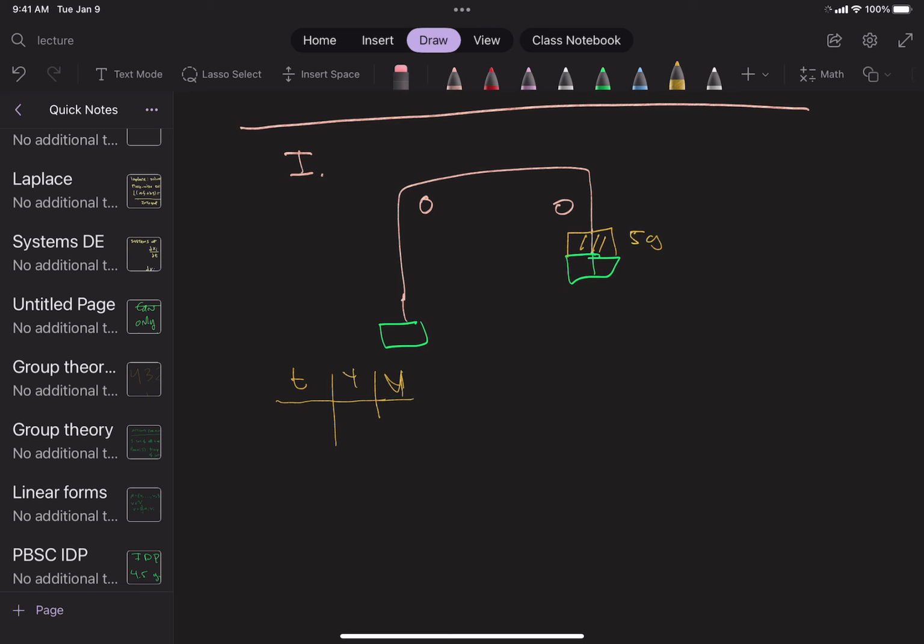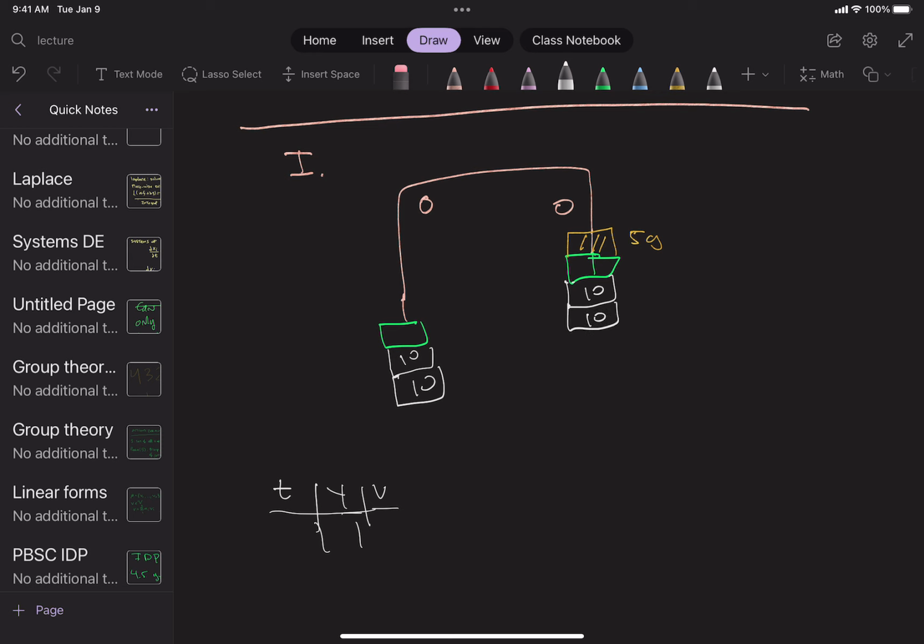Then you're going to increase both of the masses by the same value. So let's say you increase this one by 10 grams, and you increase this one by 10 grams. Then again, you run the experiment and get your data for time, position, and velocity. You'll increase again by another 10 grams for both of them.